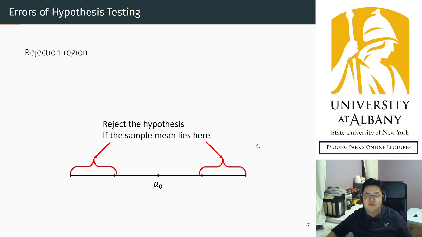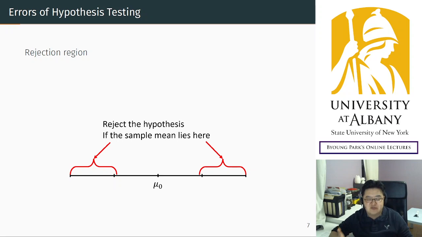Using that intuition, we define the rejection region based on that idea. We are going to reject the null hypothesis if the sample average is far away from your hypothesis, because something is wrong.